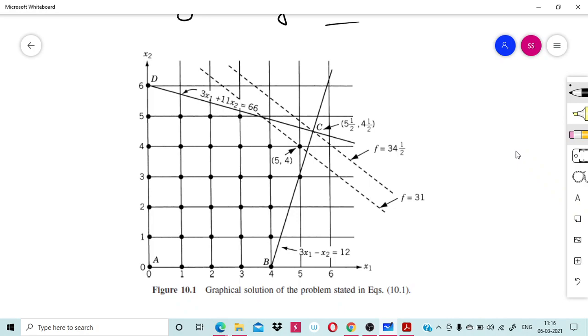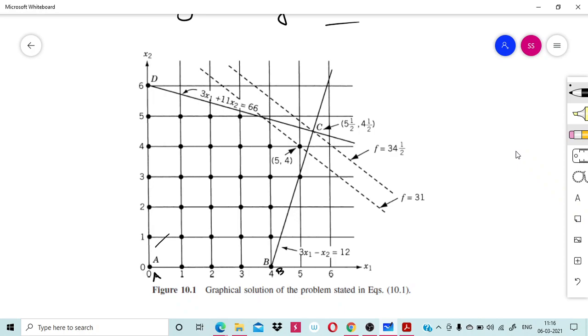In the x1 x2 plane, in the first quadrant, we have the vertices A, B, C, D, then A. This polygon is our feasible region.